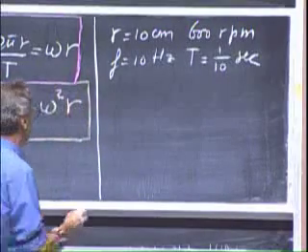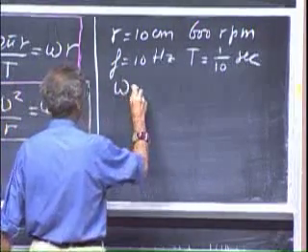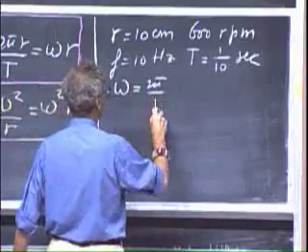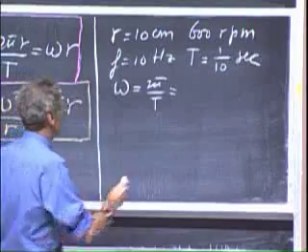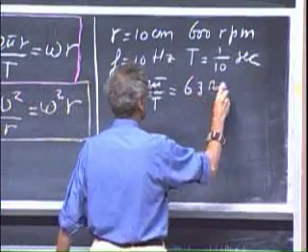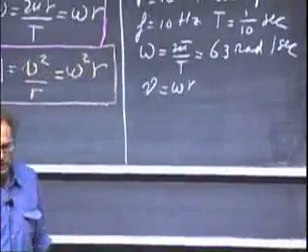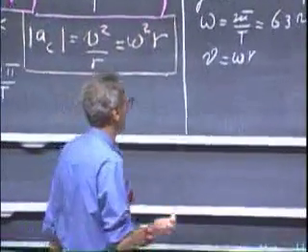So omega, angular velocity, which is 2 pi divided by T, is then approximately 63 radians per second. And the speed v equals omega r is then roughly 6.3 meters per second.